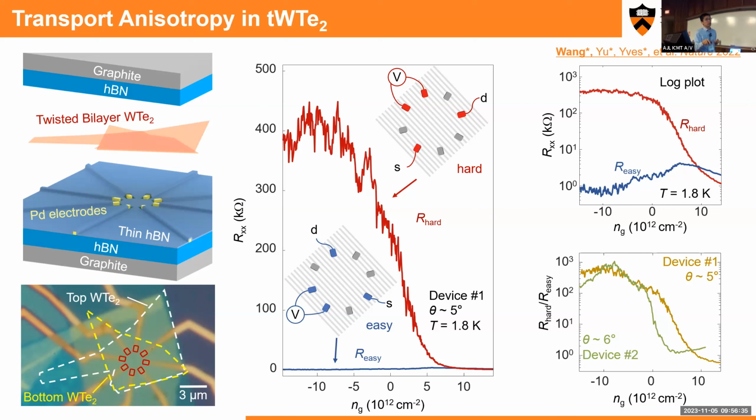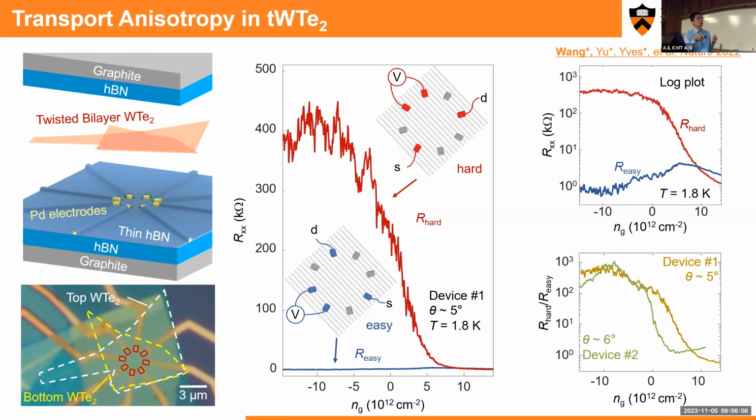In this anisotropy plot, you can see that the anisotropy of this measurement can go to around 1,000. But I want to note that it doesn't mean the resistivity anisotropy is 1,000, because there is a geometry factor, and the resistivity anisotropy is around 50.